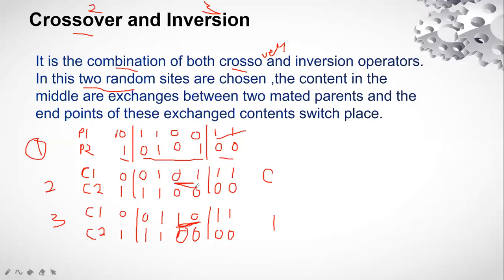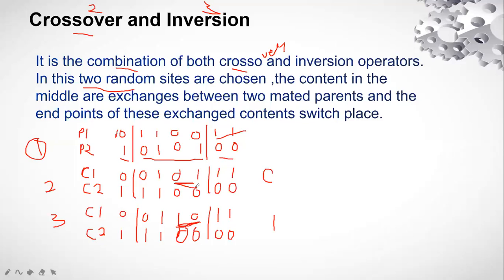So in any case of inversion, there are 3 steps. First step, choose the random sites. Second step, if it is deletion, we are going to delete. If it is duplication, we are going to duplicate. If it is deletion regeneration, the second step is delete and the third step is regenerate.